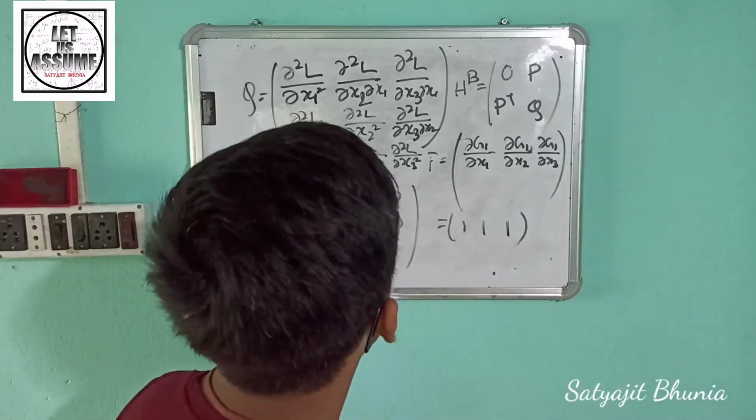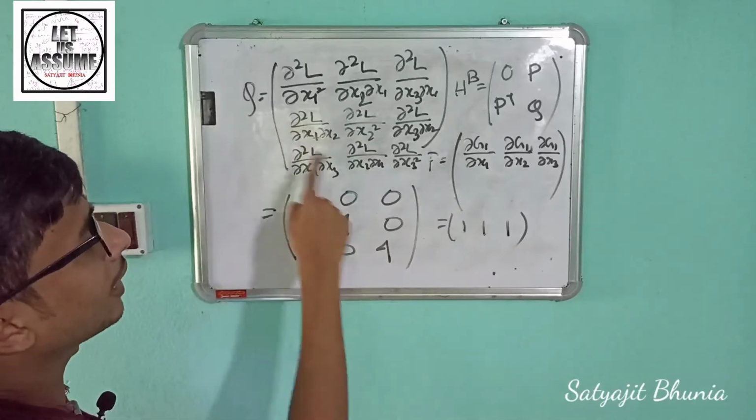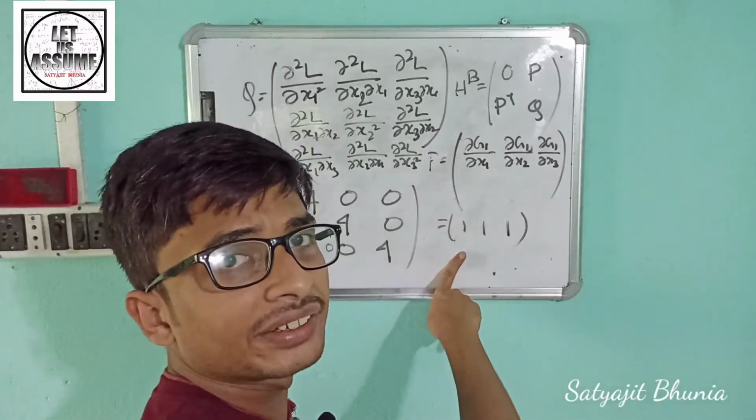So this is the Q matrix and this is the P matrix.